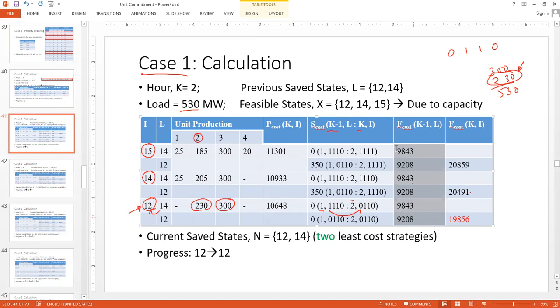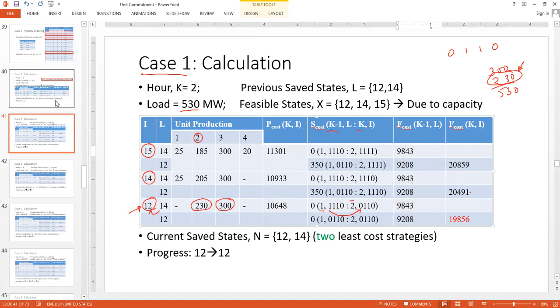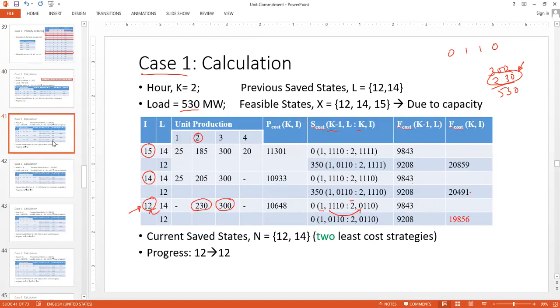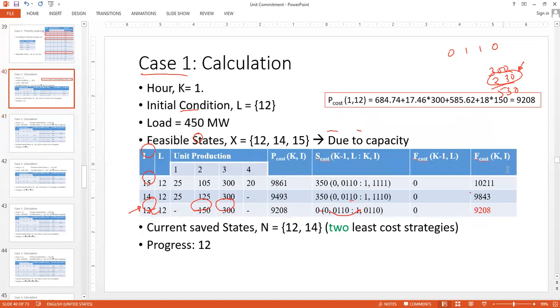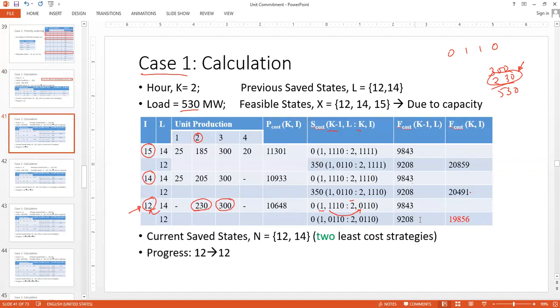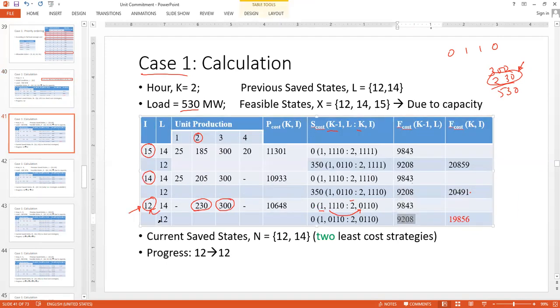This has nothing to do with the calculation happening here. We have only saved 12 and 14; 15 is not saved. So either it is 9208 when it is 12, or 9843 when it is 14, and the same pattern goes on.